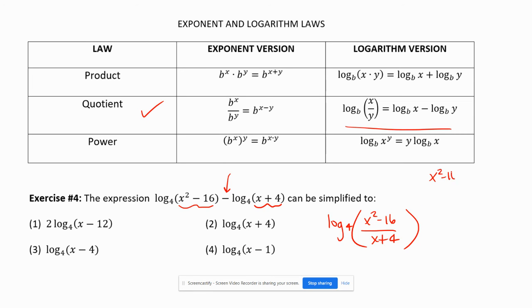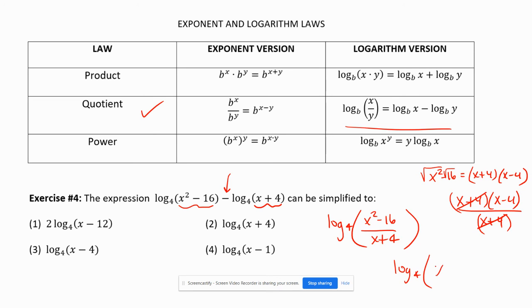X squared minus 16 equals x plus 4 times x minus 4. Remember, that is a difference of two squares. I could take the square root of both of these. The square root of 16 is 4. So then really what we have is x plus 4 times x minus 4 divided by x plus 4. And we'll do a lot of these much later, but this cancels out. So we just got log base 4 of x minus 4. So that would be this one.